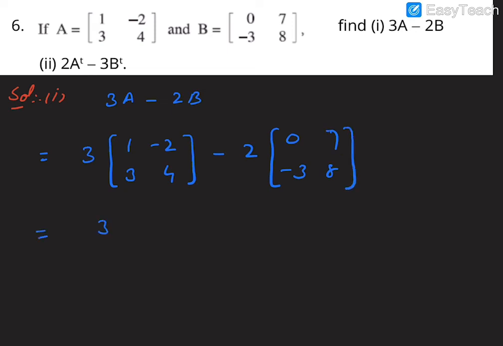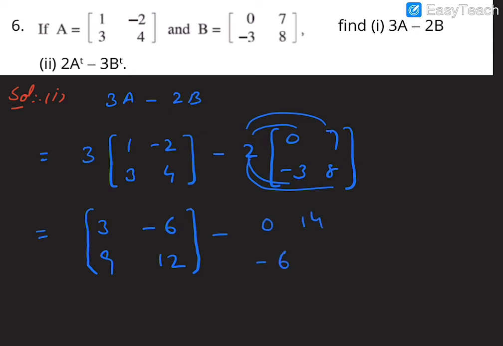So 3 times 1 is 3, minus 6, 3 times 3 is 9, 4 times 3 is 12. You need to multiply all entries with 3. Similarly, this one will also multiply. 2 times 0 is 0, 14, minus 6 and 16. Now just subtract both.